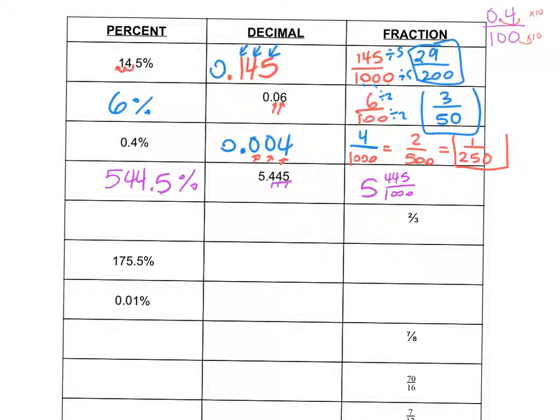And now you can simplify the 445 and the 1,000 by dividing by 5, and you get 445 divided by 5 is 89. And 1,000 divided by 5 is 200. But don't forget that 5 is still there because it's a whole number, 5 and.